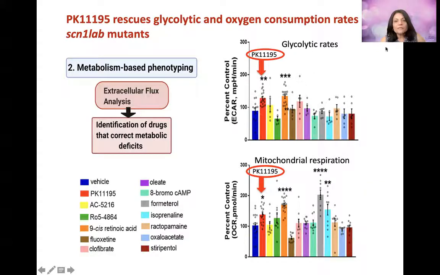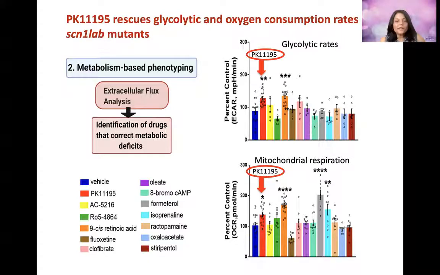You can see in this pretty busy graph in the top right that the glycolytic rates were improved by this compound PK11195, as well as some of the other compounds. So were the mitochondrial respiration rates. These were pretty close to the wild type controls, in which we observed the deficit in our zebrafish mutants.